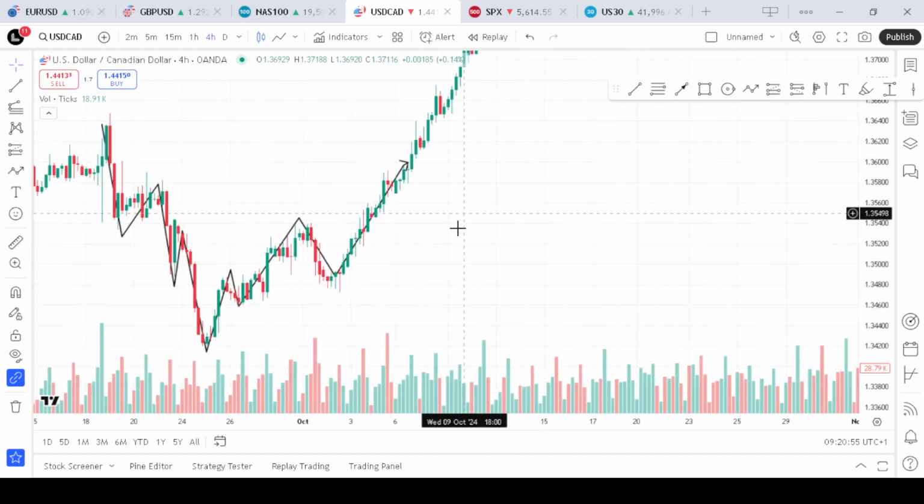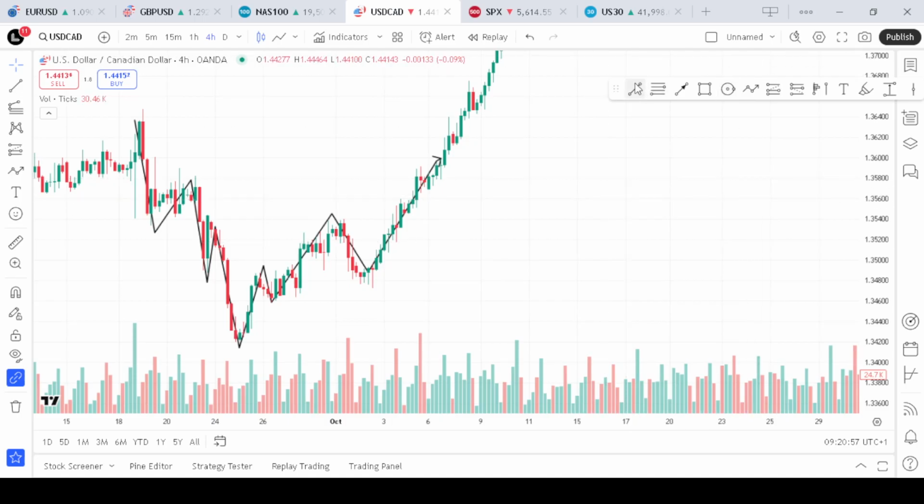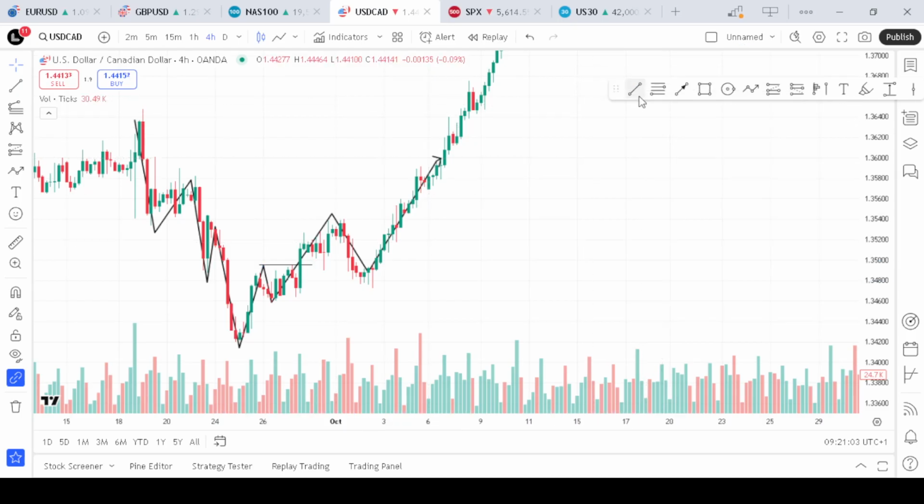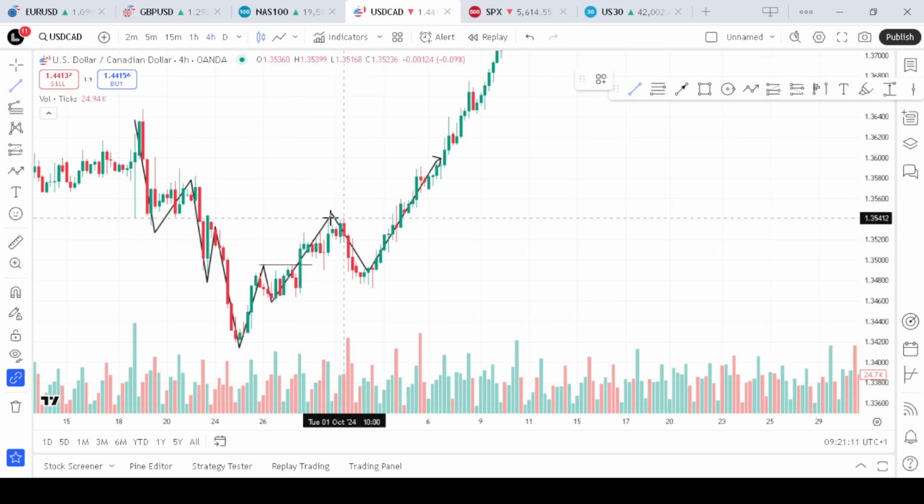It is basically a confirmation of a confirmation. Now this is where we see our initial break of structure, but to further confirm the break of structure is a strong break of structure, we wait for the hooks top. This is the Ross hooks pattern top.